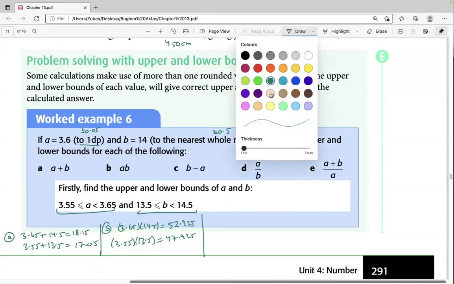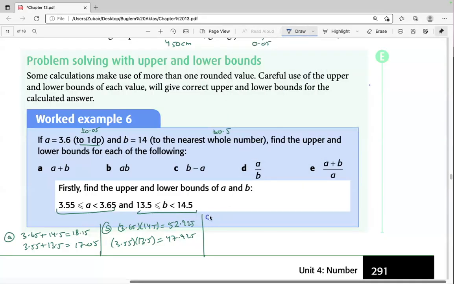C part. This is B minus A. What is going to be the highest value? The highest would be 14.5 minus 3.55, because it's going to create a bigger difference.